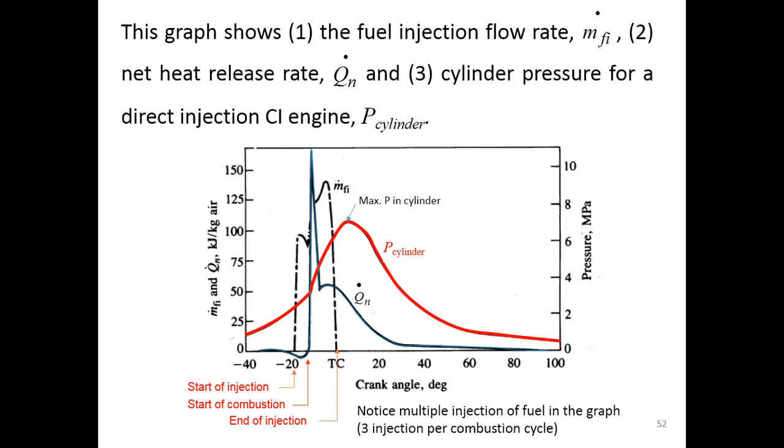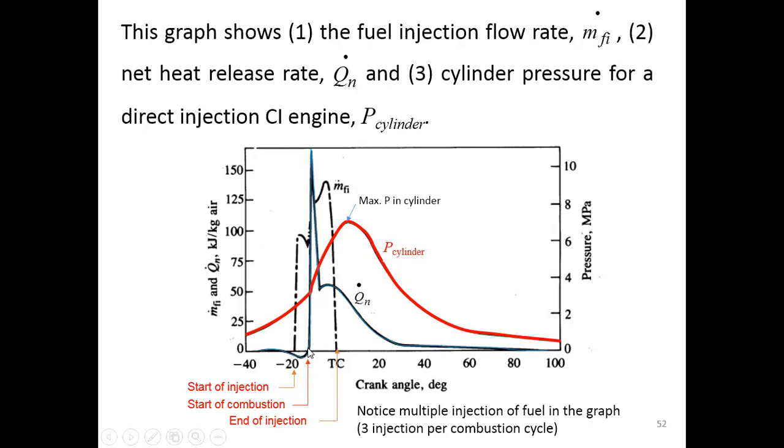Okay, so how about the heat release here? At the very beginning, when you inject the fuel, you don't have heat release out from the engine. In fact, you see heat transfer into the fuel, because the sign of the heat release is negative at the time you start to inject the fuel.